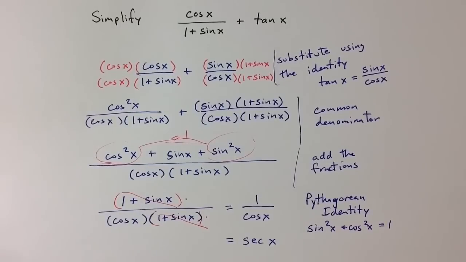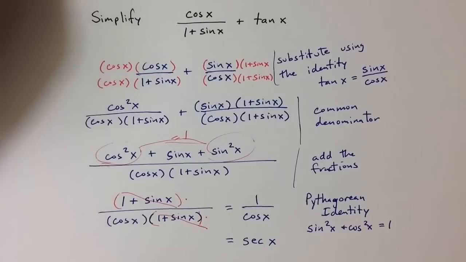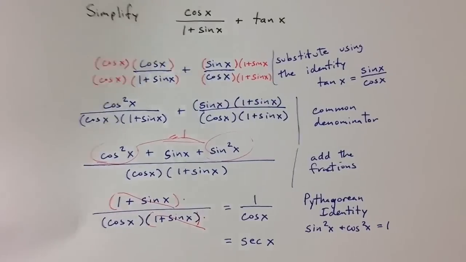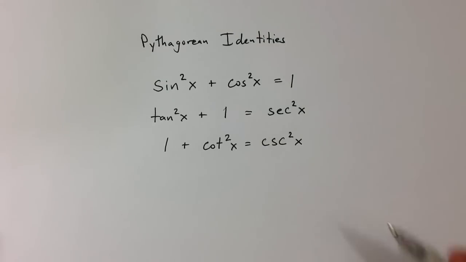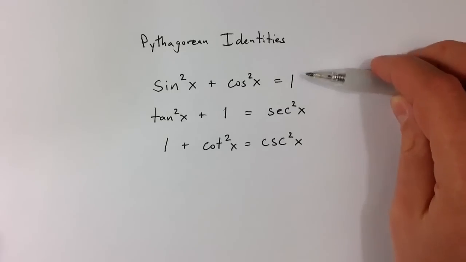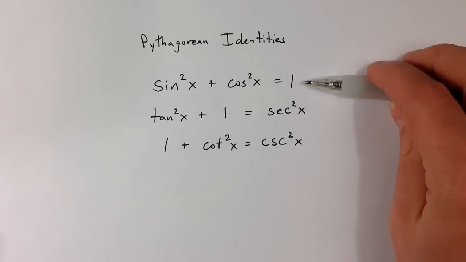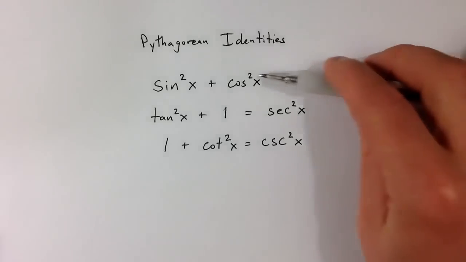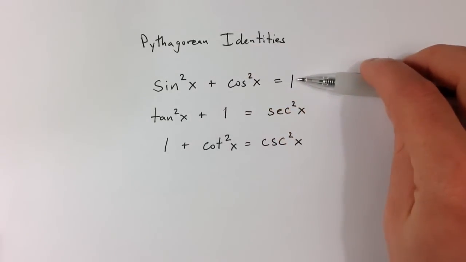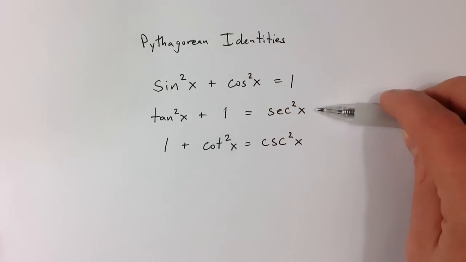So let me end with just some additional comments about the Pythagorean identity. We can actually think of the Pythagorean identity as a set of identities. We've seen that sine squared x plus cosine squared x equals 1. If we divide each of these terms by cosine squared x, we get the statement tangent squared x plus 1 equals secant squared x.